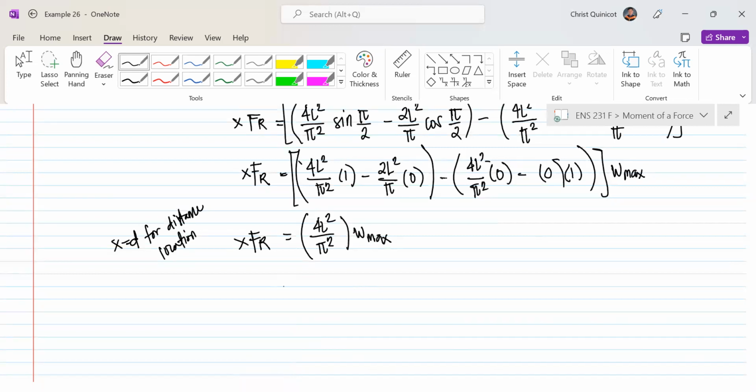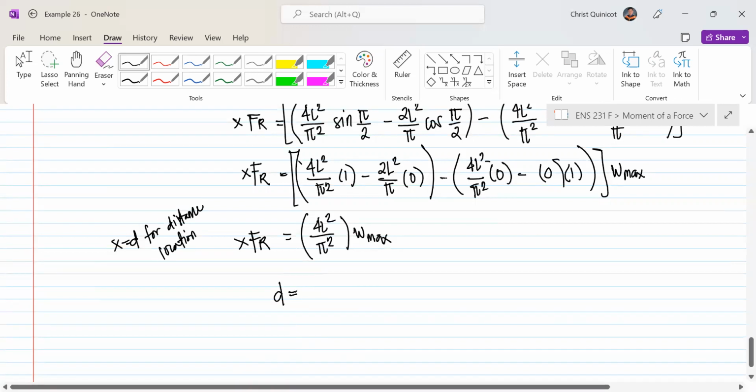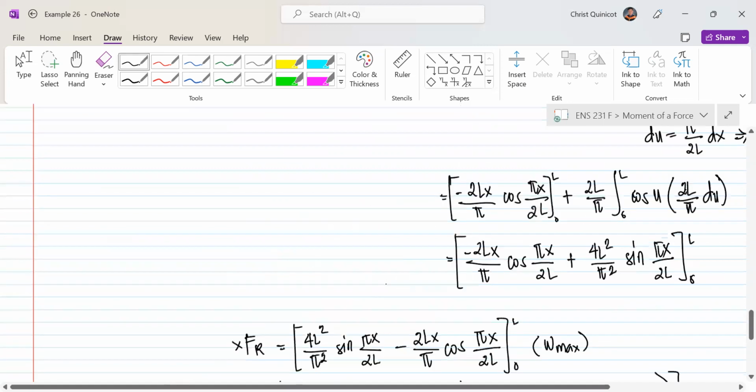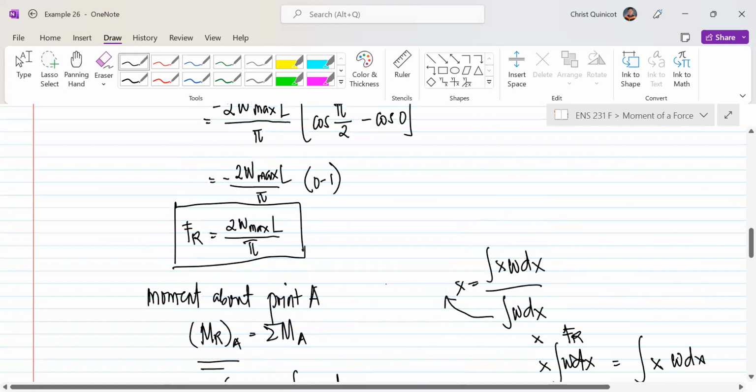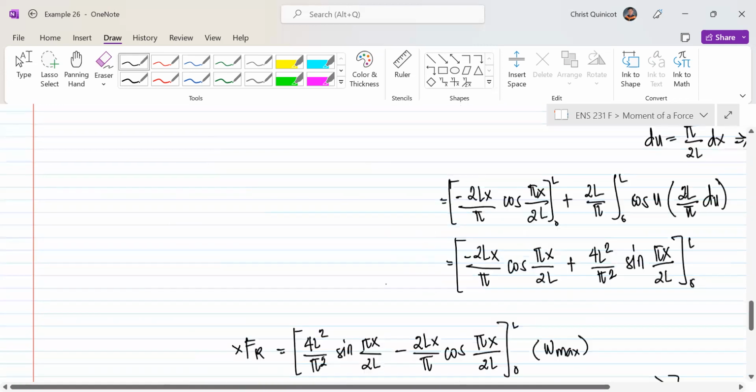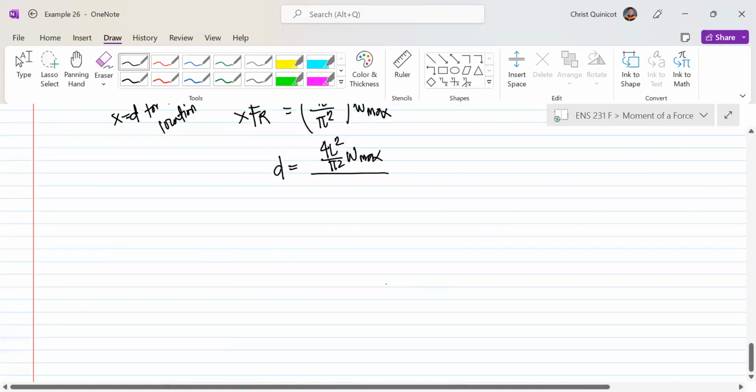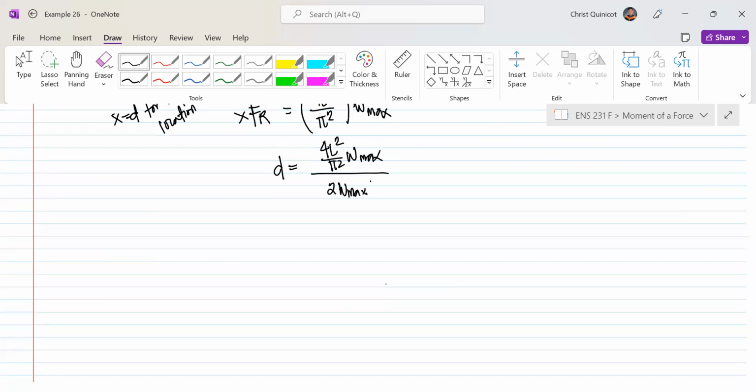Therefore we solve for D. So that's D is equal to 4L squared over pi squared W sub max divided by our F sub R, which has a value of 2W sub max L over pi.